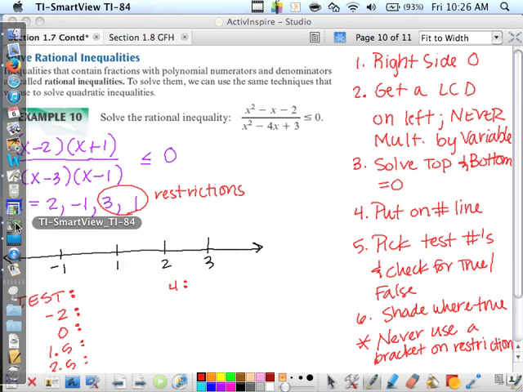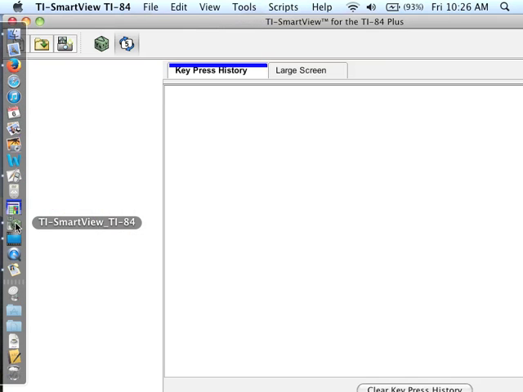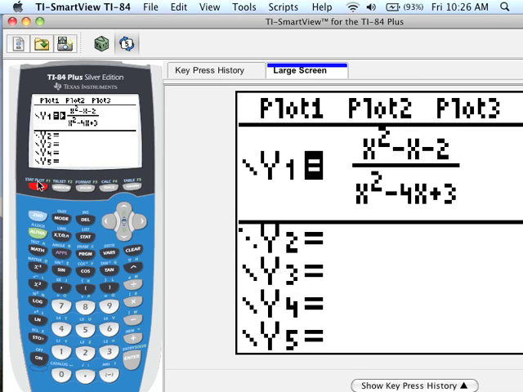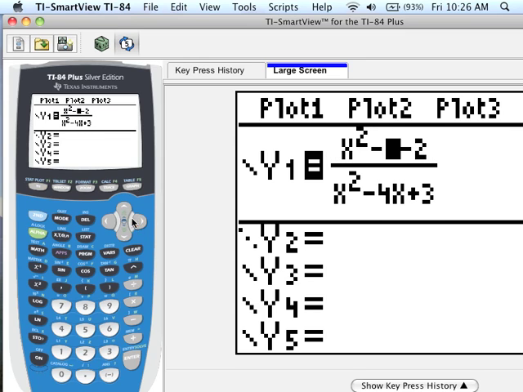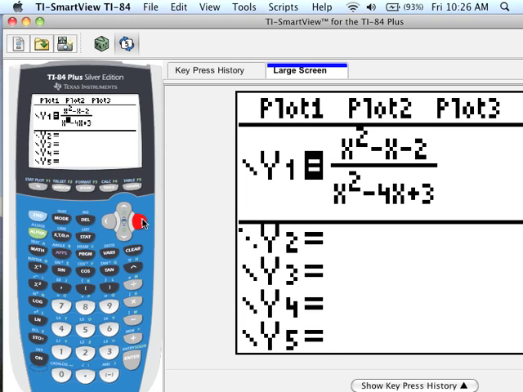So here's our calculator. We're just going to type the left side into y equals. Oh look, I think it's already in there from the last time I used it. Is this the same problem? Yes? X squared minus x minus 2 over x squared minus 4x plus 3.